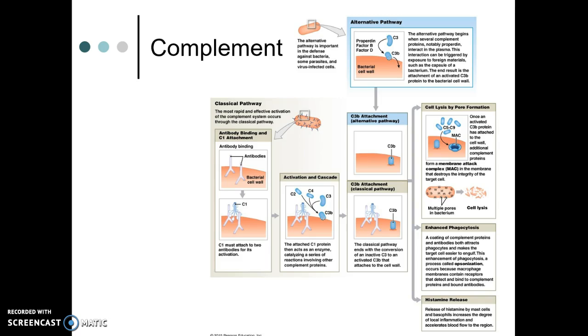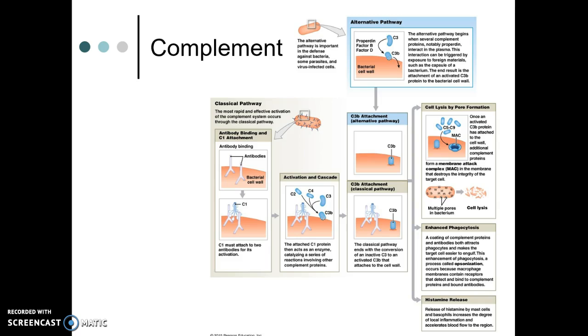I'll talk about that in just a moment. Okay, so it starts with the antibodies being attached, and that gets the pathway started. A complement protein finds that, and then it very rapidly cascades through this event to eventually produce this MAC.